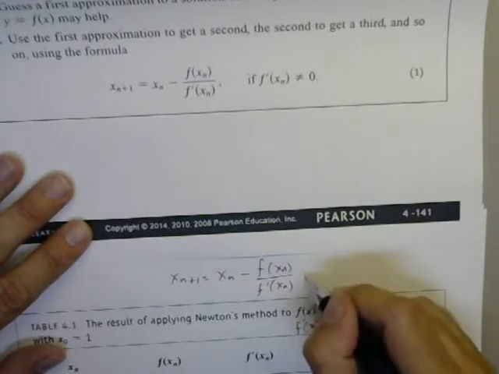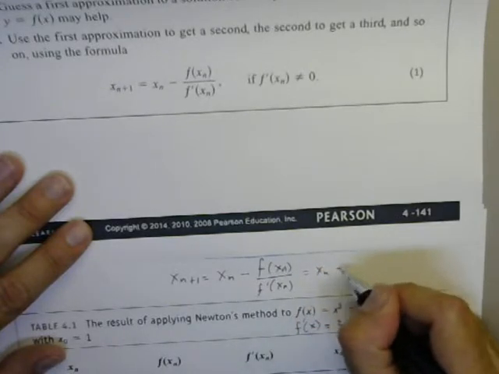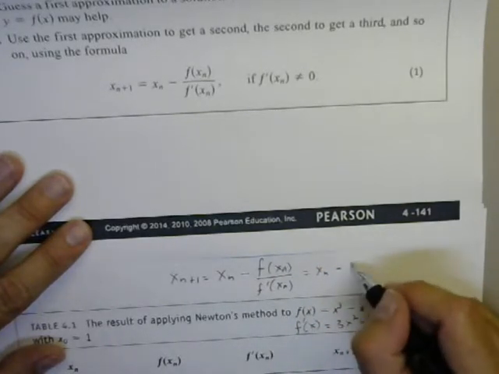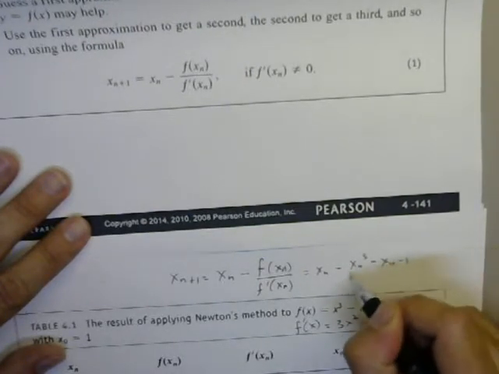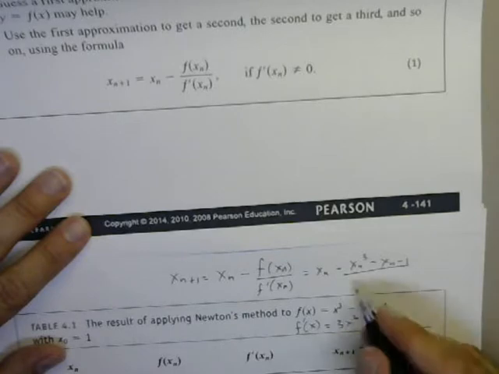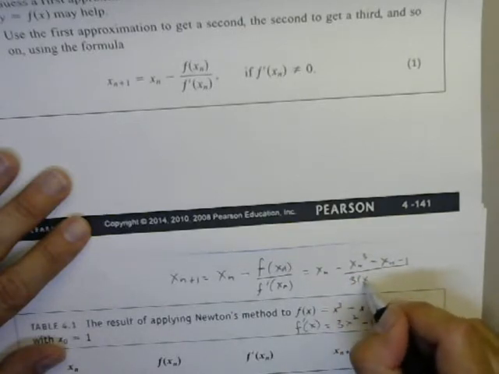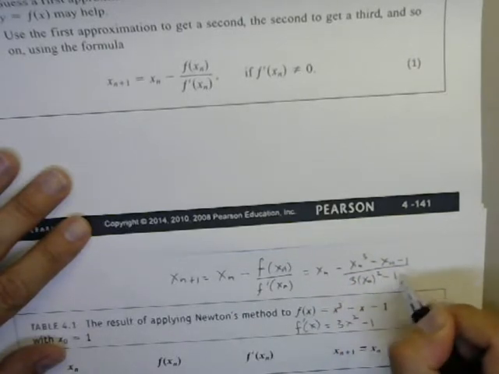In this particular case, that's going to be x sub n minus the function, which is x sub n cubed minus x sub n minus 1, over the derivative, which will be 3 x sub n squared minus 1.